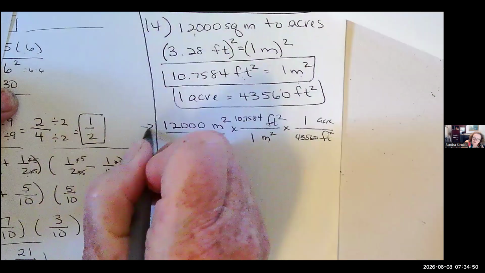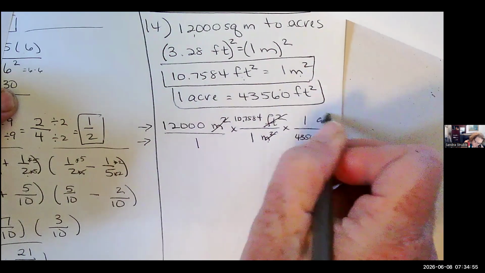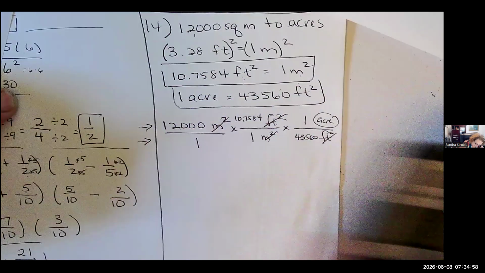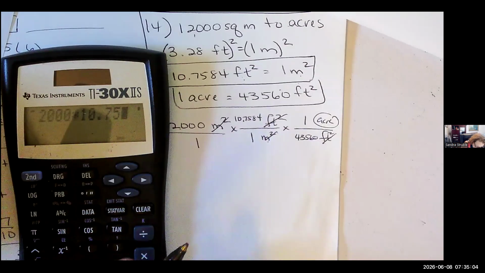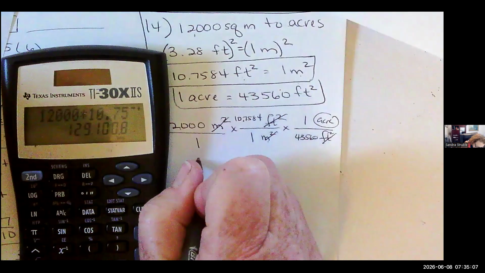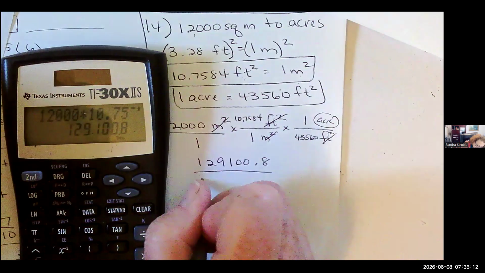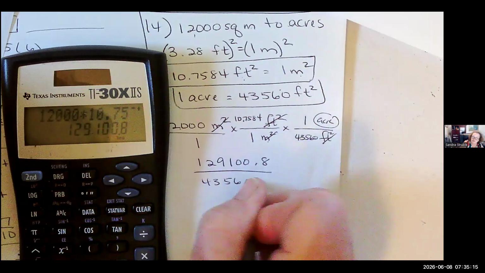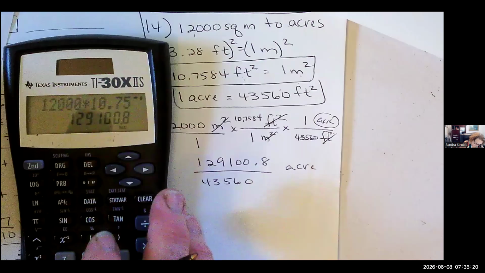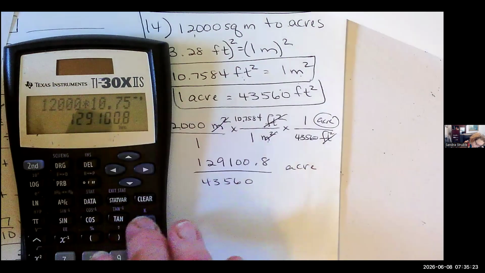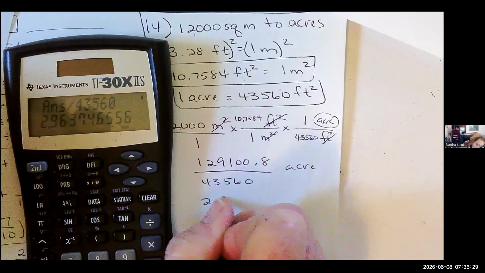Meters are gone, feet squared are gone, and we're left with acre. 12,000 times 10.7584 is 129,100.8 over 43,560, and this is acres. And we just need to divide that now. Divided by 43,560, that is 2.9637. That's a bunch of acres.